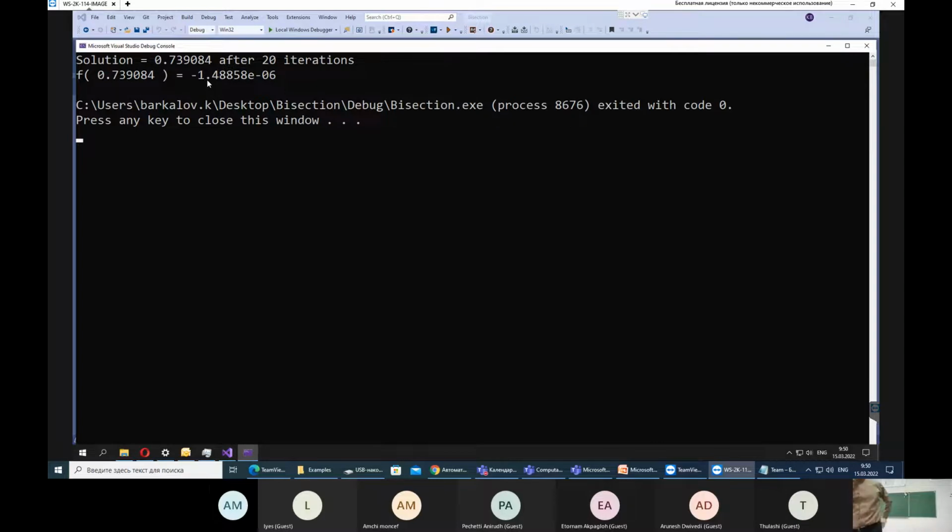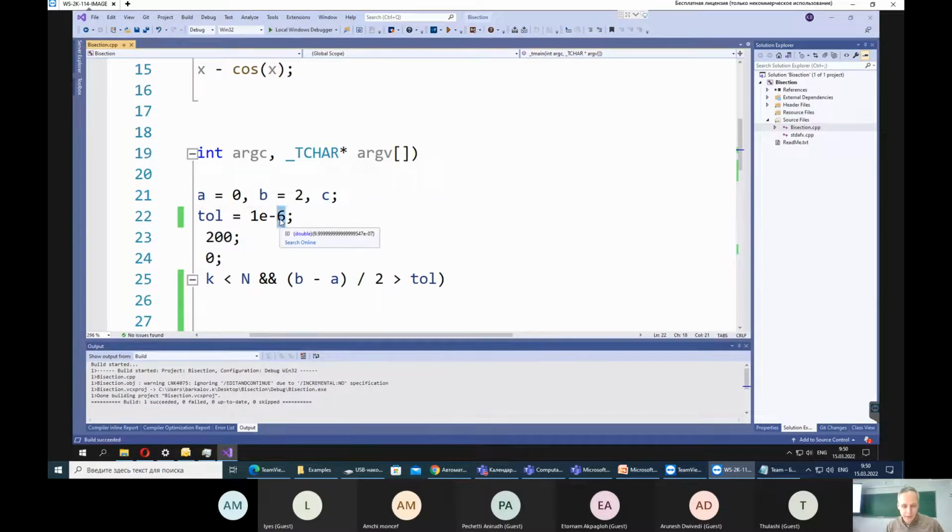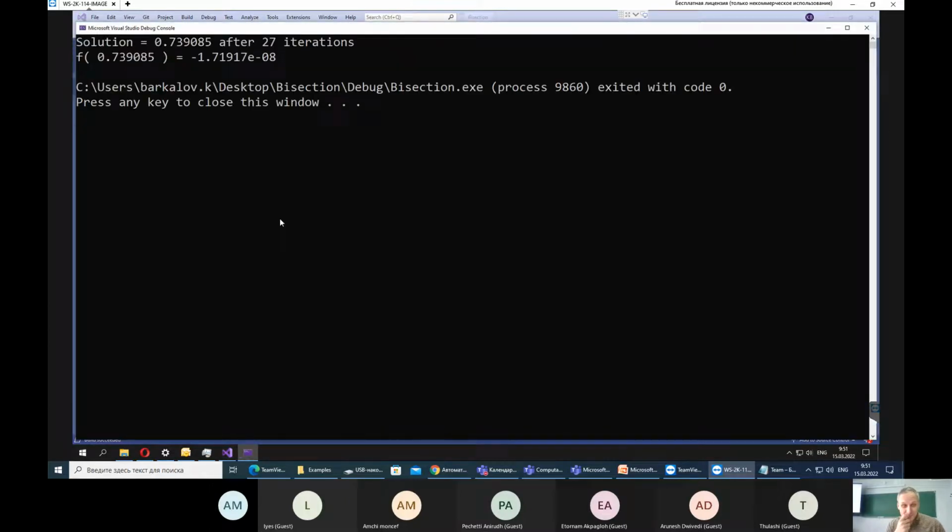If I decrease the tolerance more, for example, to 10 to the power minus 8, the method requires 27 iterations, and we get a solution that is very, very close to the real solution.